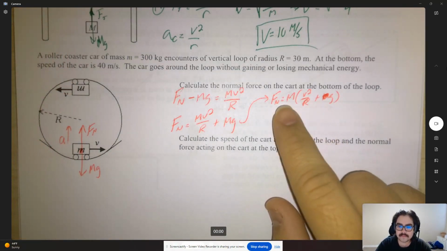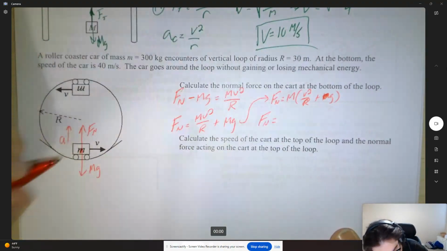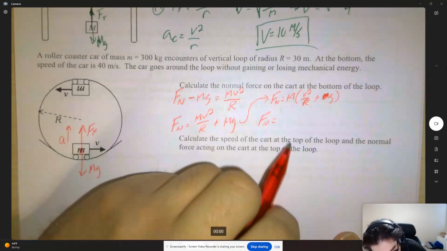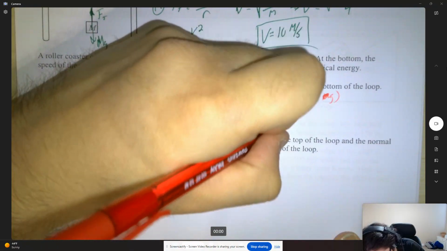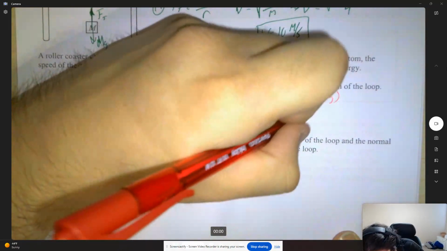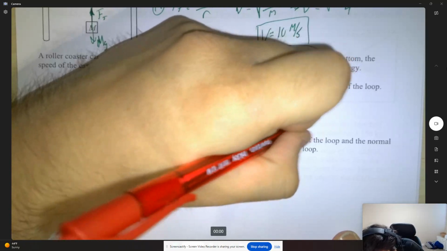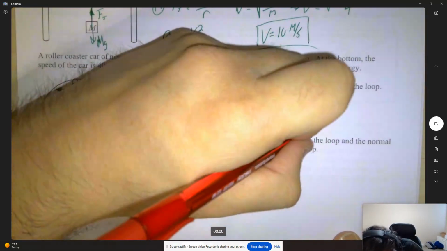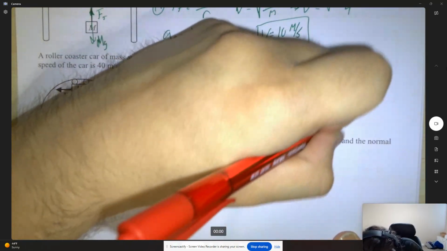Then I'm just going to plug in all my values. So normal force is equal to the little m, which is 300, v is 40 squared, R is 30, and then g is 10.